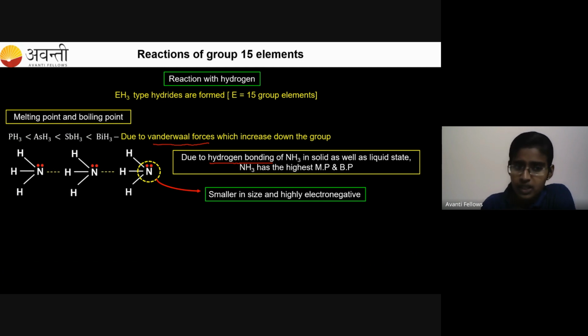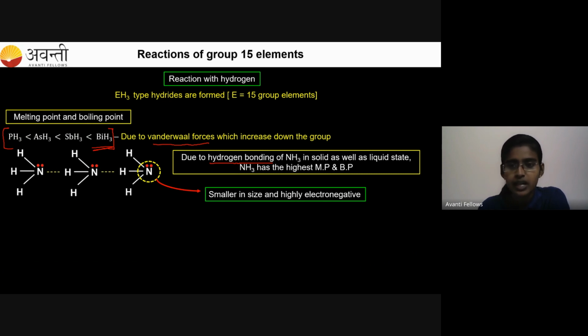Now among them, from PH3 till BiH3, you can see bismuth hydride has the highest value, because the van der Waals force increases on moving down the group.